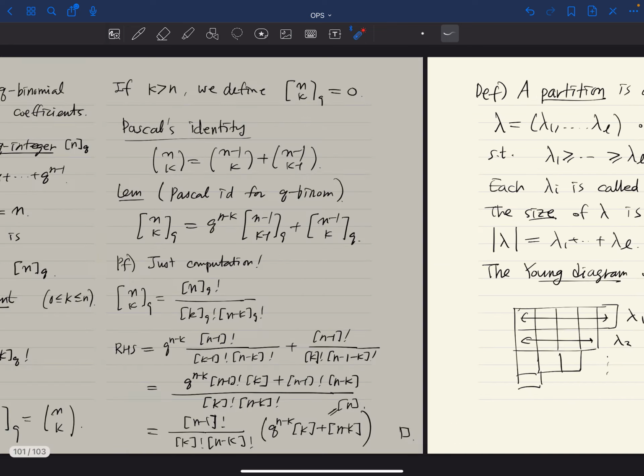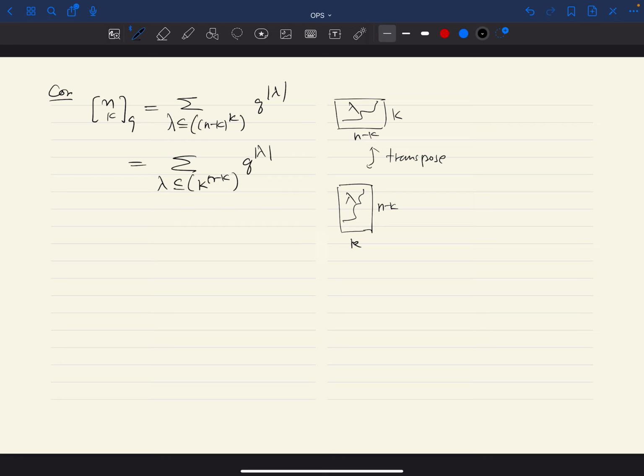Okay, now let's see. Right, now we can go back to the special case of the b's and lambdas.